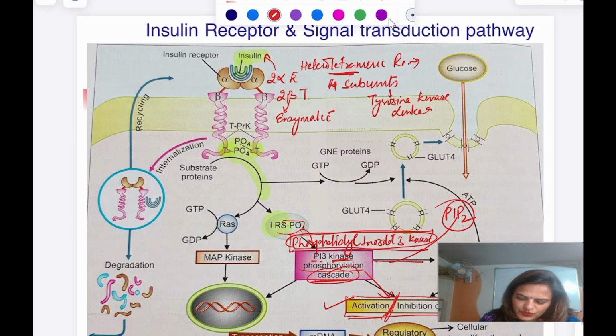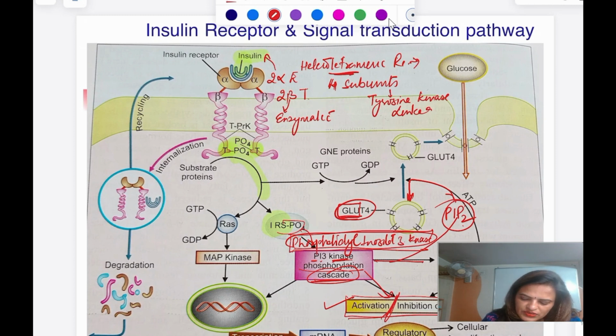This PIP2 is going to act on this. What is this? This is GLUT4. What is GLUT4? GLU is glucose and T is the transporter. They are the ones which cause the transportation of the glucose.